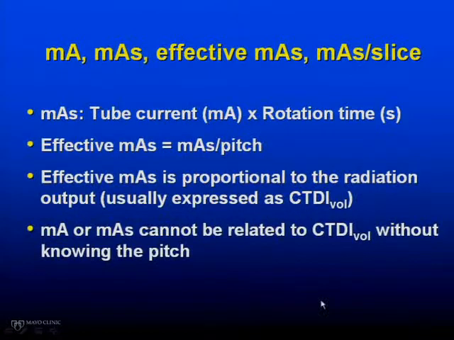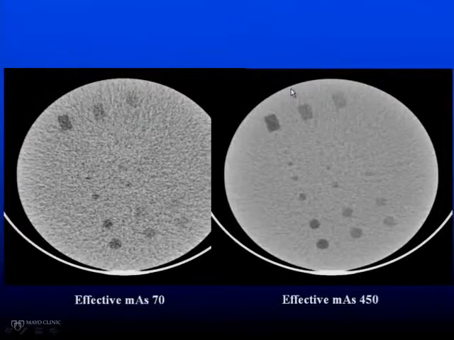The effective mAs is defined as the mAs divided by the pitch, and it is proportional to the radiation output. For those scanners that need to prescribe the mA, note that it cannot be related to the volume CTDI without knowing the pitch.